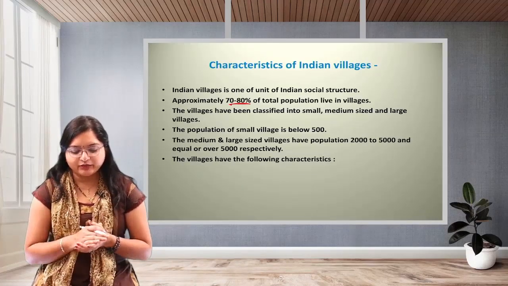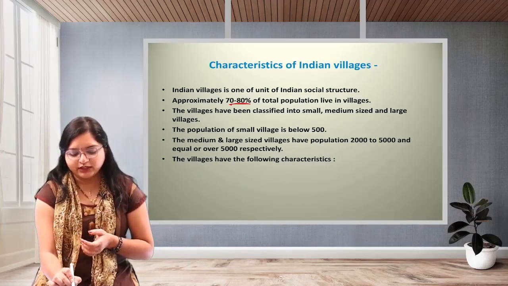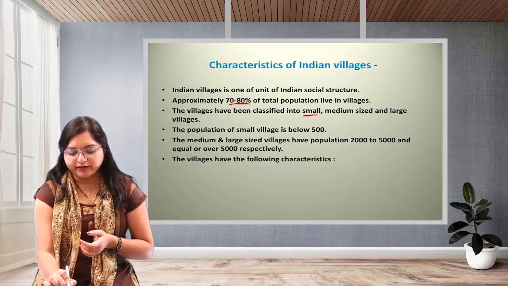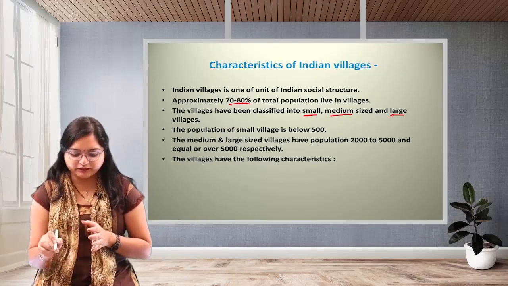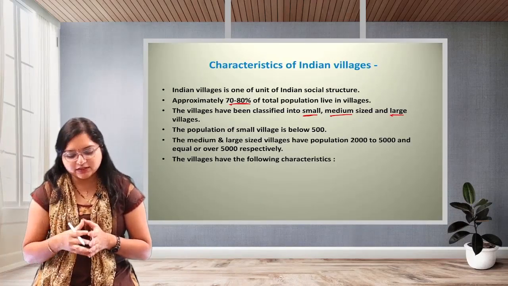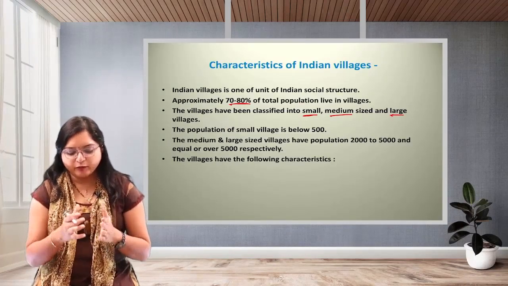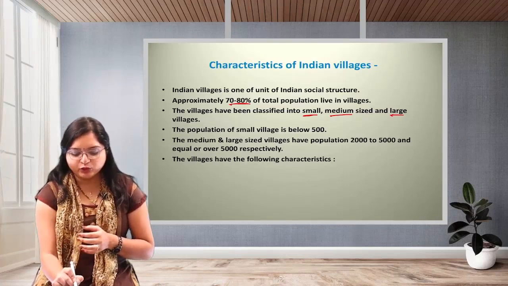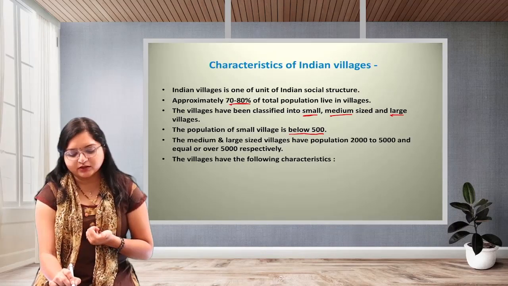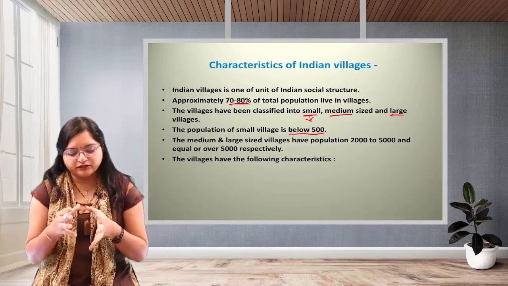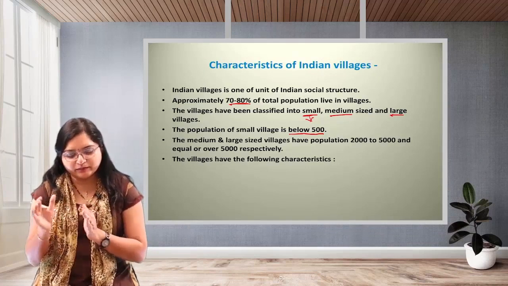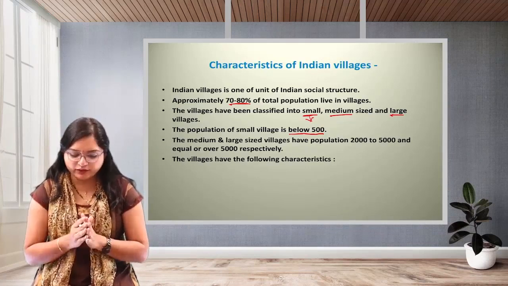The villages have been classified into 3: small size, medium sized and large sized villages. So this is the classification among the Indian villages: small, medium and large. The population of small villages is below 500. So if the population is below 500 people, then it is known as a small village.